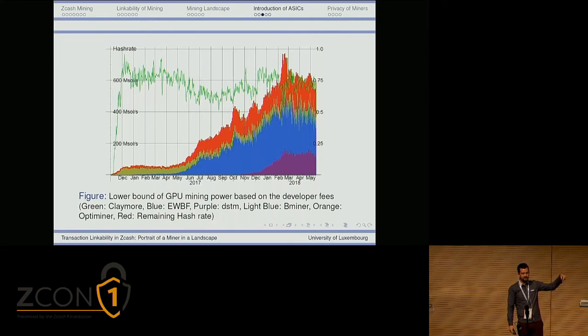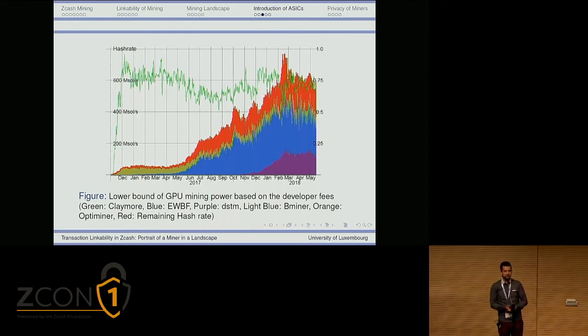And as you can see, it started out around 75–80%, then it dropped down to 60, but then in the last half year before this announcement, it was very stable around 75%, with which we argue that if there was any ASIC mining hidden in Zcash, it probably wasn't more than 25% of the overall mining power, which is hopefully good news.